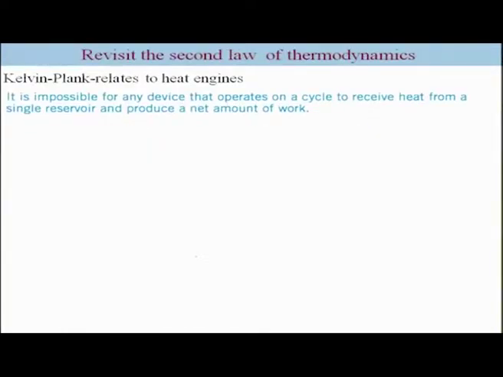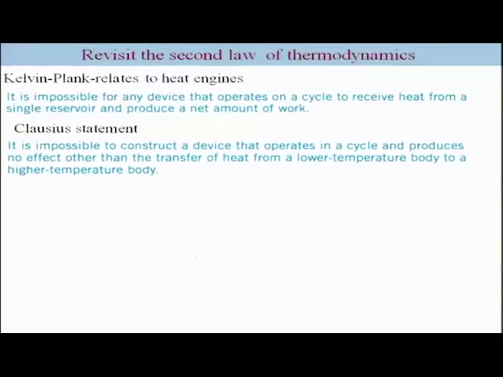Now, as we also mentioned about the statements of the second law of thermodynamics, the Kelvin-Planck statement relates to the heat engine, whereas for the case of refrigeration devices, we make use of the Clausius statement, which is basically that it is impossible to construct a device that operates in a cycle and produces no effect other than transfer of heat from a lower temperature body to a higher temperature body.